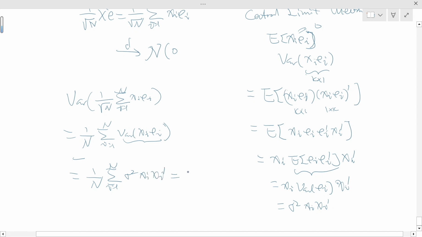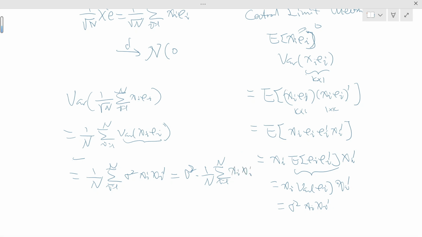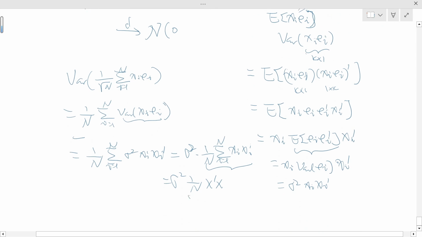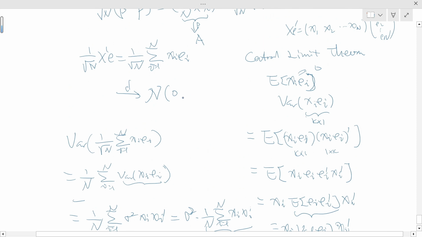We already put sigma squared out, so this is just sigma squared times 1 over n X prime X. And as n goes to infinity, we know this converges to A. So now the variance of the whole term is sigma squared A.